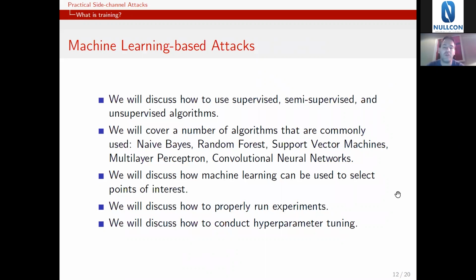And then finally, we will discuss one really important topic, that's hyperparameter tuning. With profiled attacks, actually with machine learning attacks, we will see that the more complicated the machine learning technique is, unfortunately, often that technique comes with a number of parameters you need to tune. If you do not tune it, or if you do not tune it properly, your technique will work, but the results will not be really good.